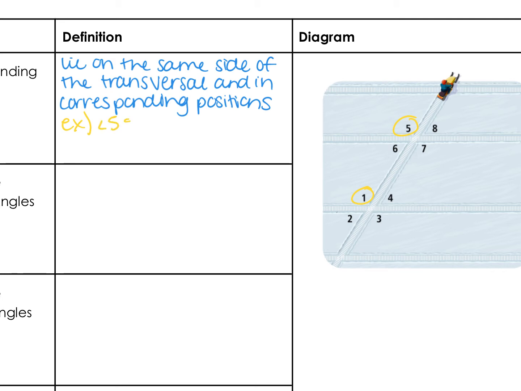So we could say angle 5 and angle 1, angle 7 and angle 3. You could also say angle 6 and angle 2 or angle 8 and angle 4. All of those are corresponding angles.